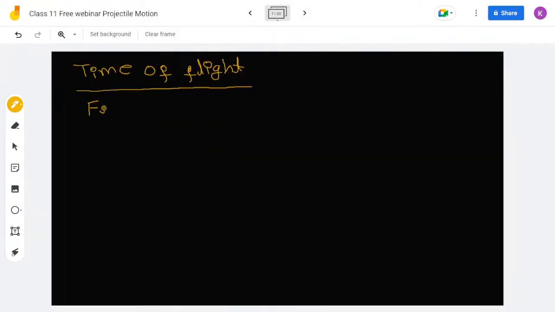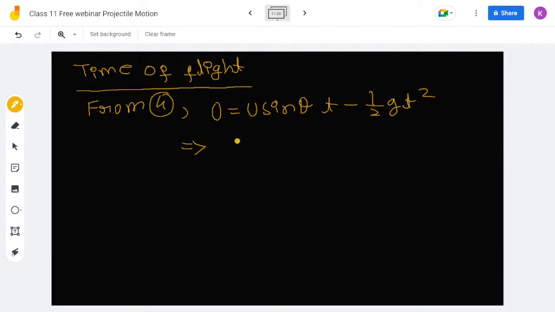So we can write from 4 that Sy, that is 0, equal to u sin theta multiplied by t minus half gt square. Now, if we take t common, we get t times u sin theta minus half gt equal to 0.